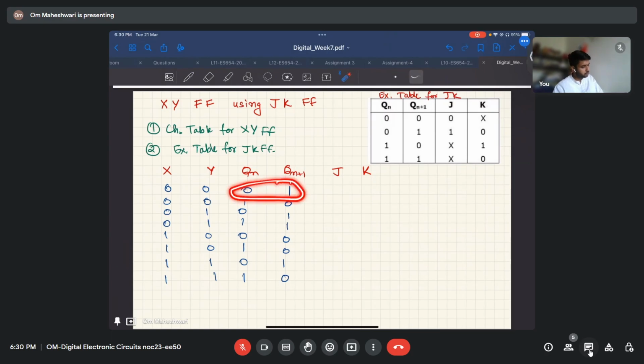For 01, we have, okay, it's wrong again. Yeah, for 01, we have 1 cross. We have another 01, this is also a 01 case. We have 1 cross.